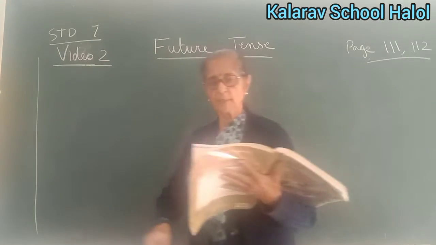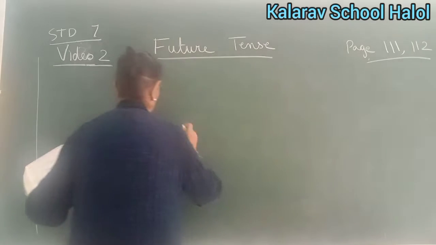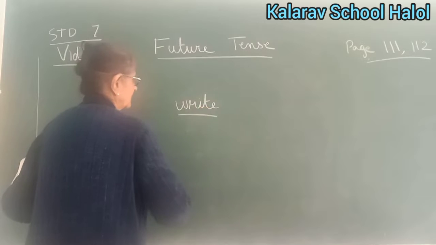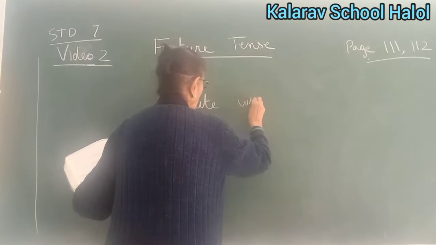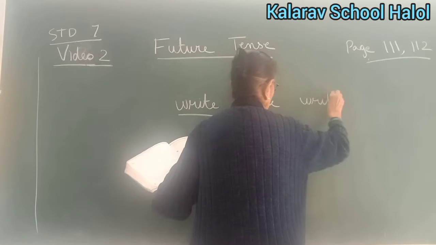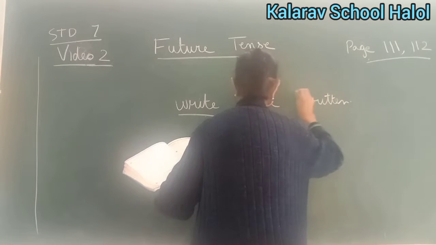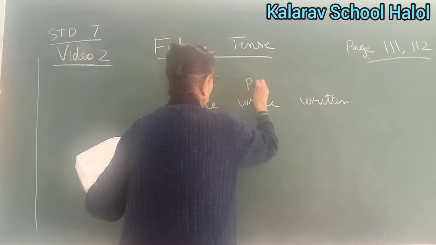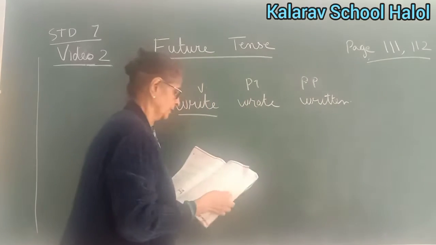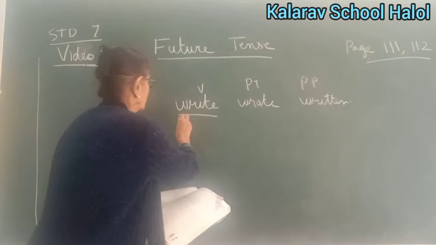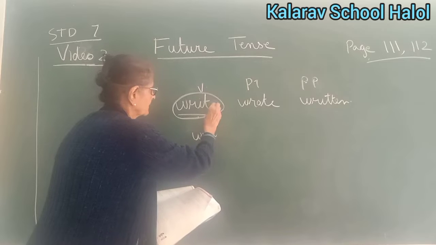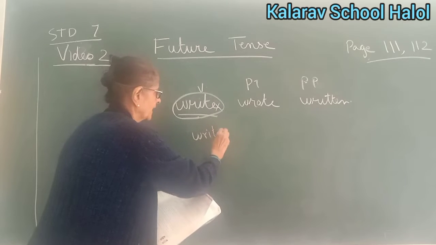For example, write: write, wrote, written. Okay, these are your tenses. This is the verb, past tense, past perfect. Now if you want to use it in the ing form, you have to take the first verb. WRIT is there, omit the e, then add ing.